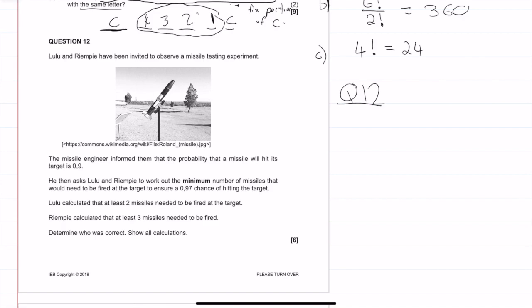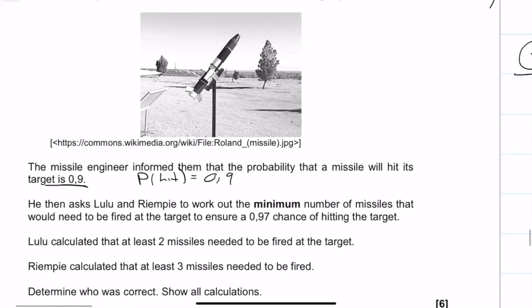Okay, so it says that these two people have been invited to observe a missile testing experiment. The missile engineer informs them that the probability that a missile will hit its target is 0.9. So probability of hit is 0.9.